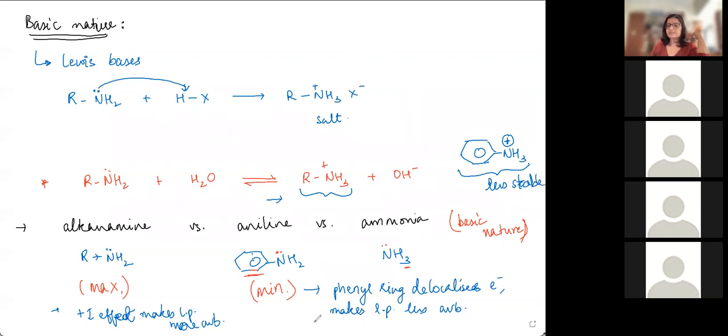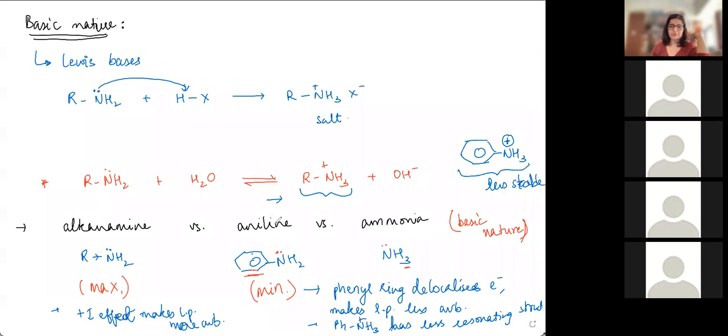So that's another reason: the conjugate base, C6H5NH3 plus, has a lesser number of resonating structures. Okay, so these are the main reasons why this is more basic, this is less basic.